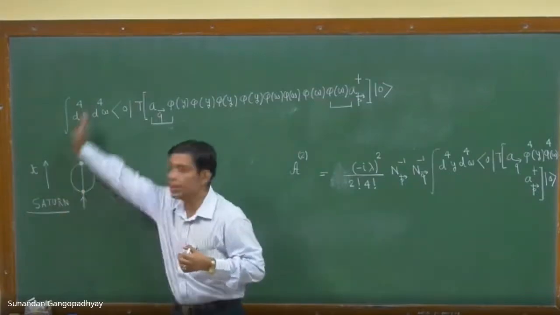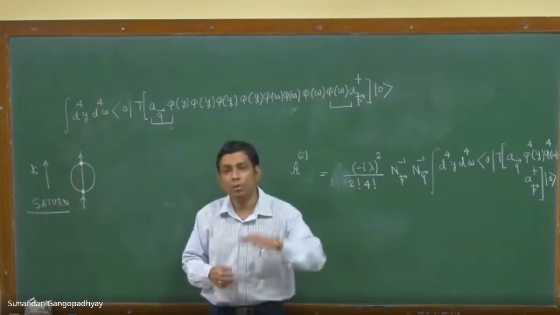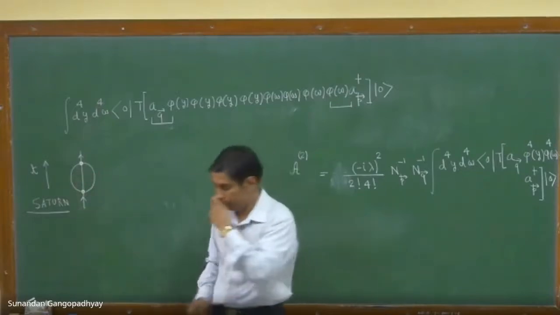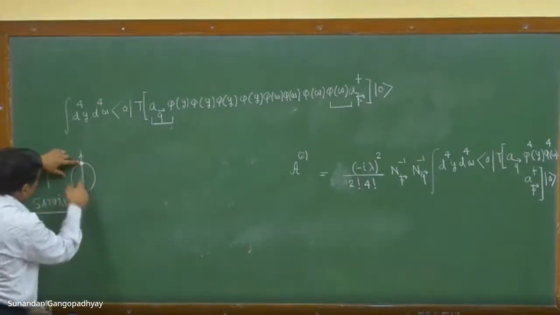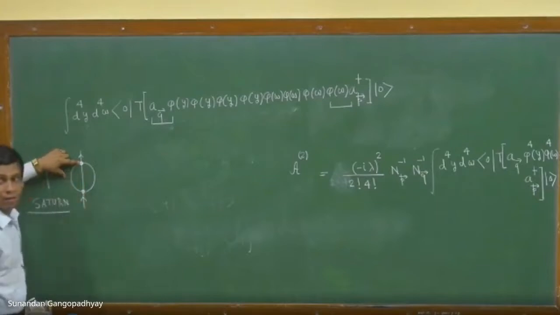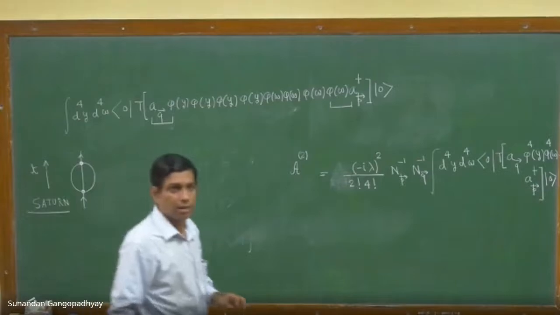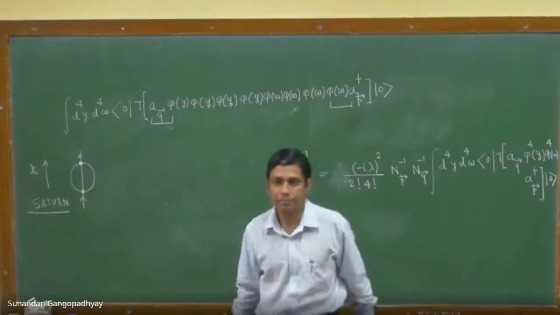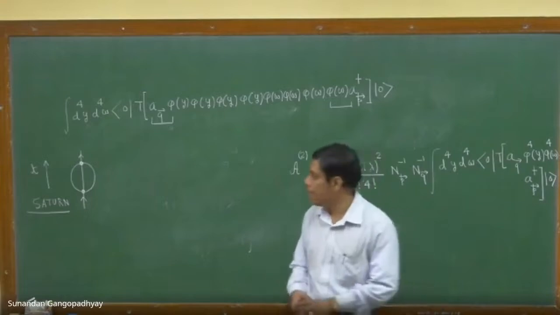So once again, if your direction of time flow is like this, the external outgoing line will always be above the vertex. And the lines which join the two vertices, the pair of vertices, these lines are called the internal lines or propagators.